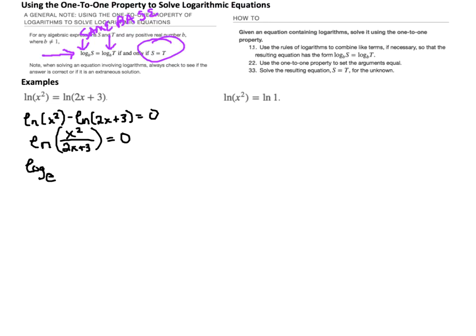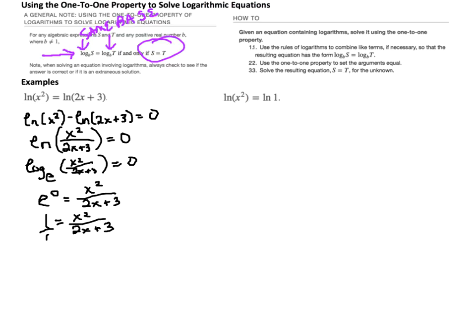So that's log base e of x squared over 2x plus 3 equaling 0. So e to the 0 equals x squared over 2x plus 3. e to the 0 is 1.